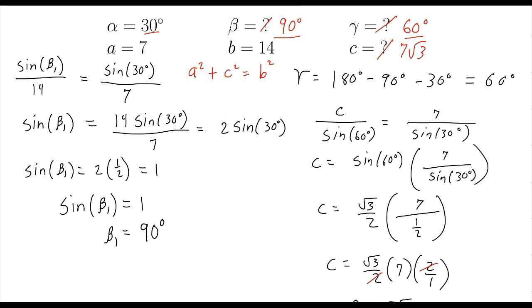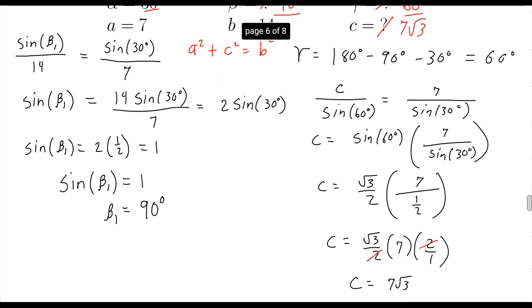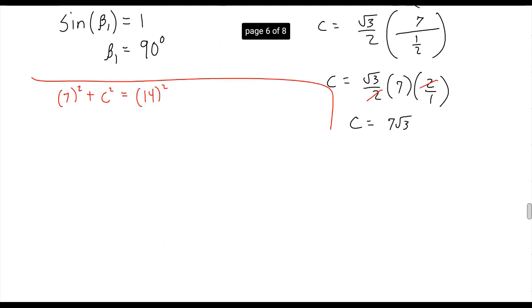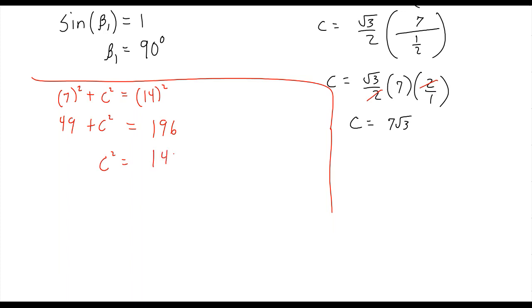Okay, so let's try that out. So a is 7, c is my unknown, equals b squared, which is 14 squared. So 49 plus c squared is equal to 196. Subtract 49 from both sides, and I get 147.